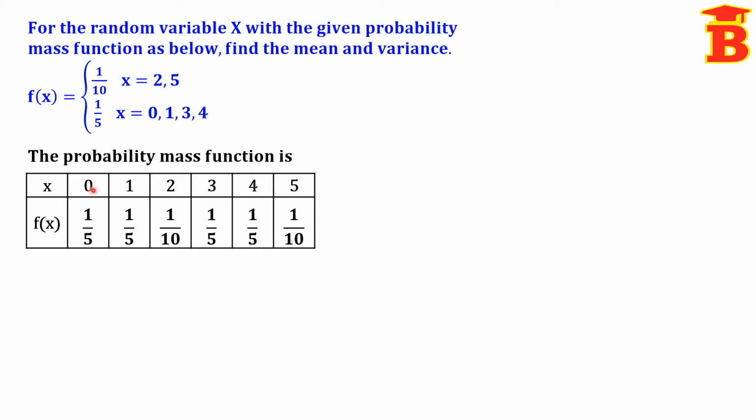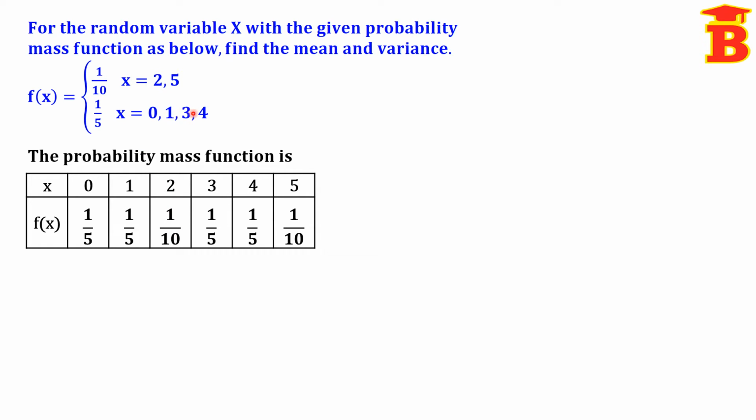Here x: 0, 1, 2, 3, 4, 5. F of x, for 0 the value is 1 by 5. And for 1 the value is 1 by 5. For 2 we have to take this value, so when x is equal to 2 the value is 1 by 10.